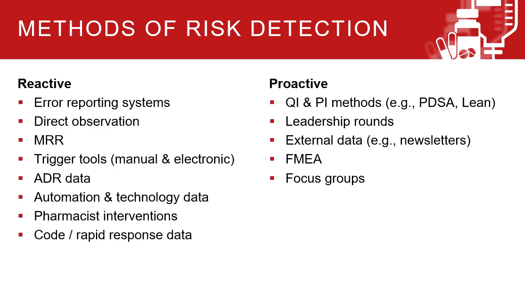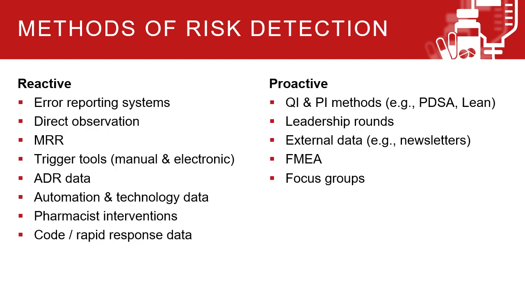These tools can help us identify risk and focus our attention around underlying or infrequently occurring risks, as well as assess objectively where those are. As a reminder, reactive methods focus on analyzing past events to prevent future errors, while proactive methods focus on anticipating risks before they occur. Listed here are some examples of both reactive and proactive methodologies used to identify risk that we'll spend some time discussing.